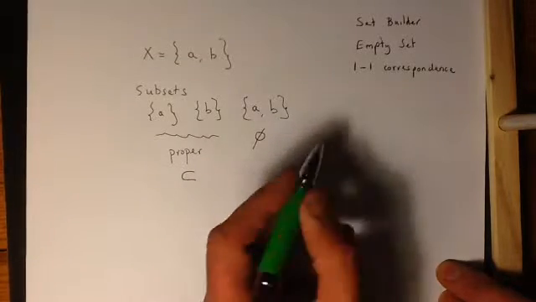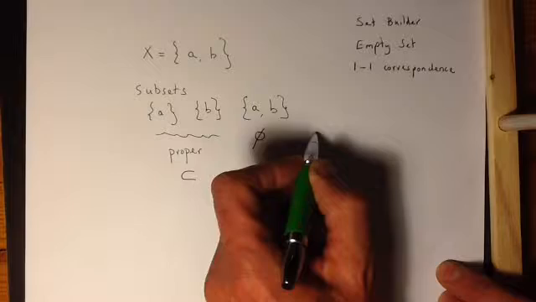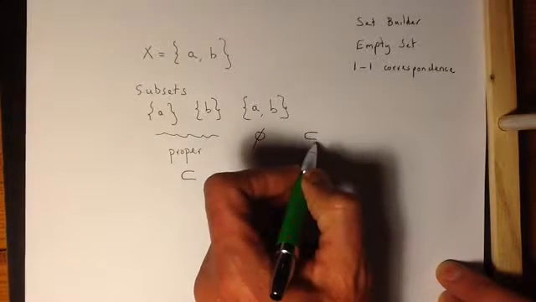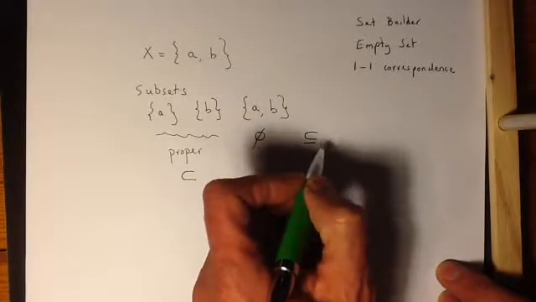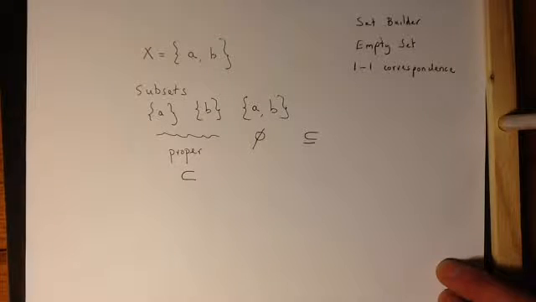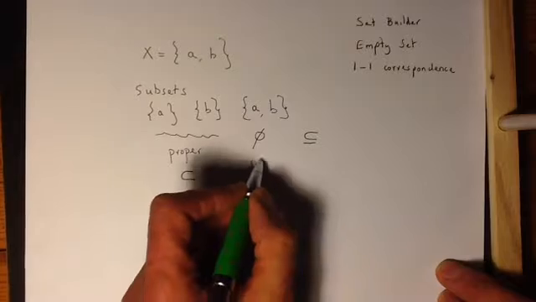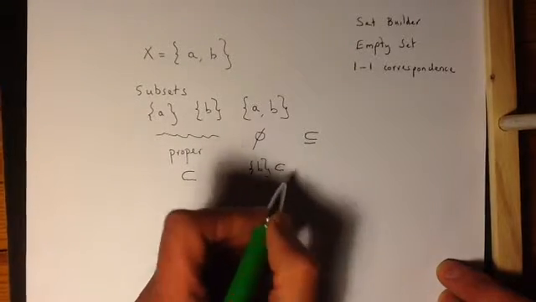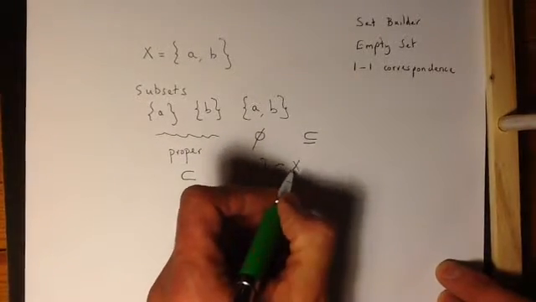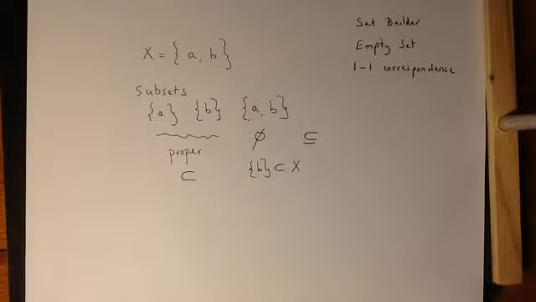So strictly speaking, if you're referring to all the subsets, you'll write it like that, because you're going to include the set itself. But you're going to say something like the set B is a proper subset of X.